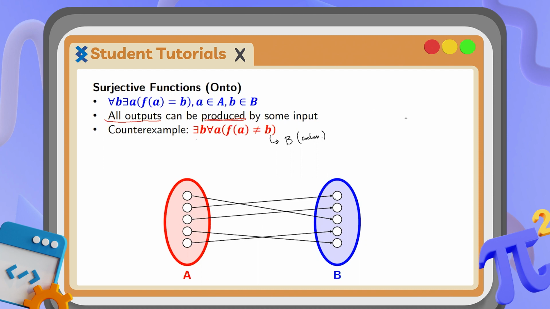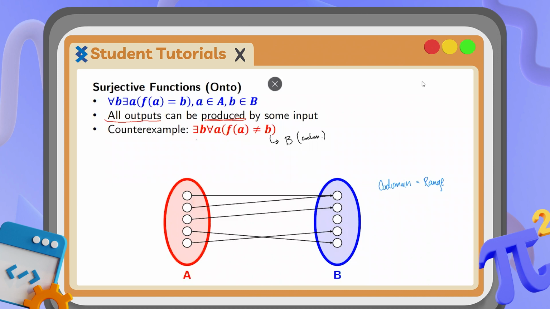And notice that our codomain is equal to something else, because since all elements in the codomain are taken into account, that means the range would also be equal to the codomain. So something to take note for surjective functions, make sure that the codomain is actually equal to the range.